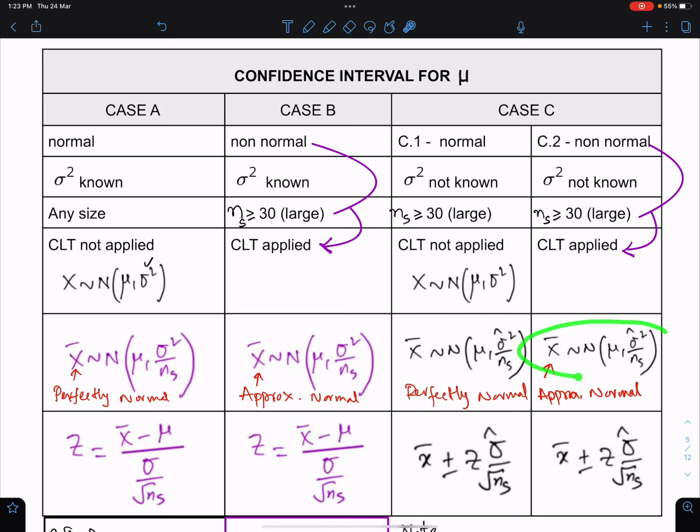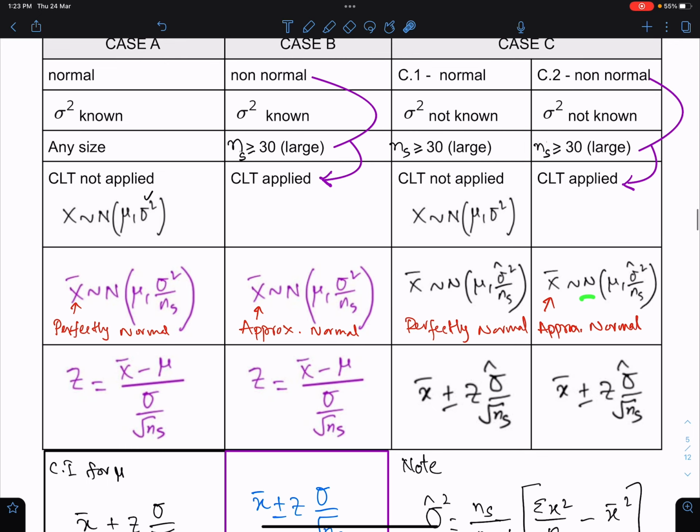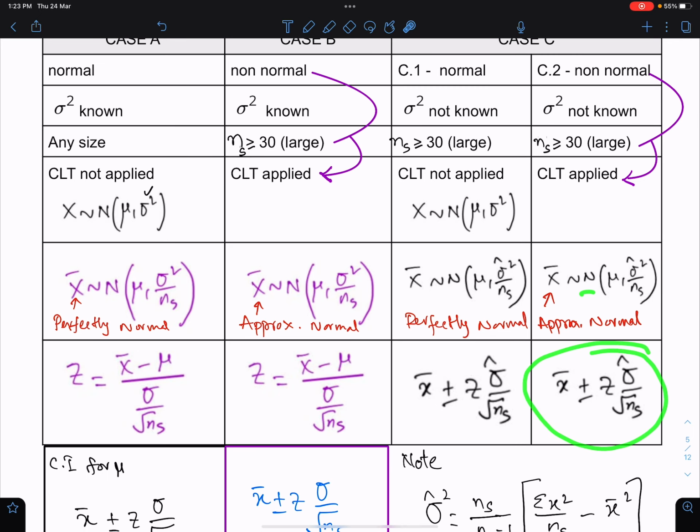So this is the distribution of sample means. X bar is approximately normal. And this is the formula of the confidence interval for this case. X bar plus minus z is fixed, and this thing came from here. The under root of this thing is here.